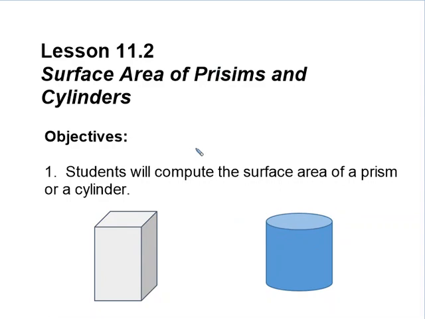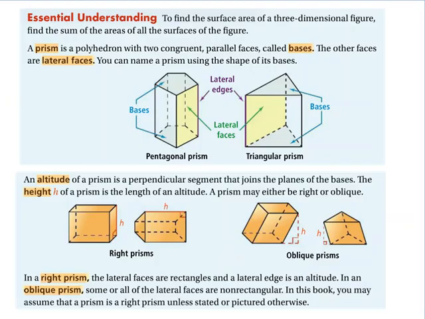Okay, so let's go ahead and get started. The first couple of slides introduce some vocabulary leading up to the nice streamlined way to find the total surface area of a prism. Okay, so now we're going to start by showing you two prisms, neither of which are probably like most prisms you have laying around your house.